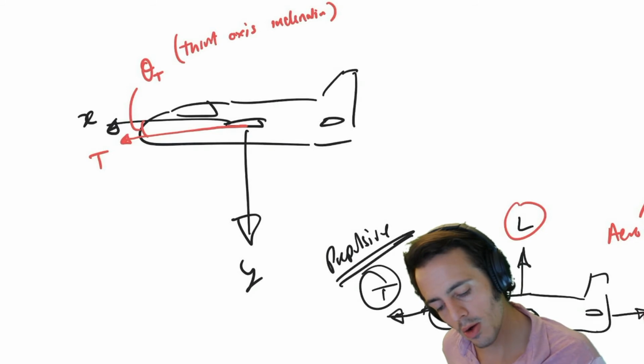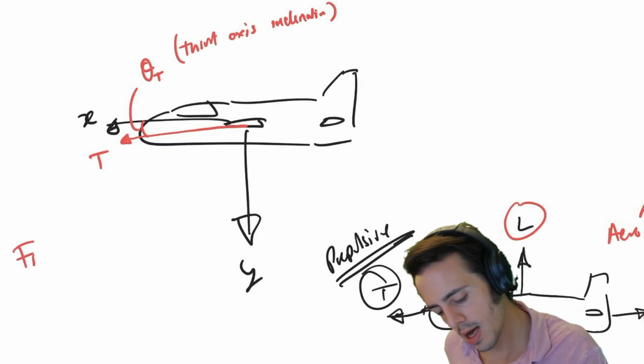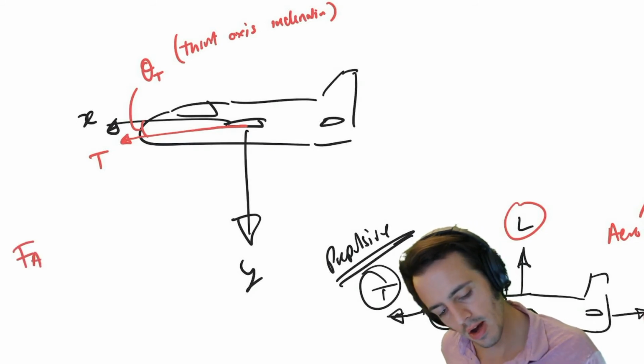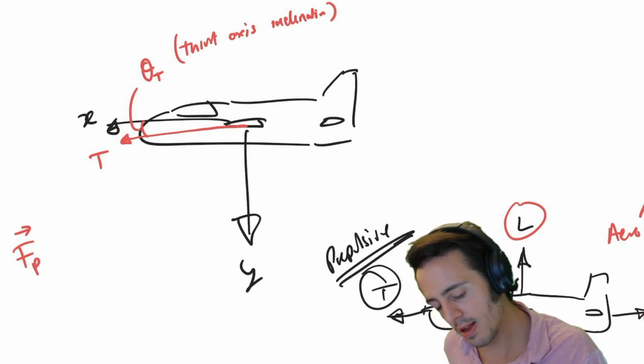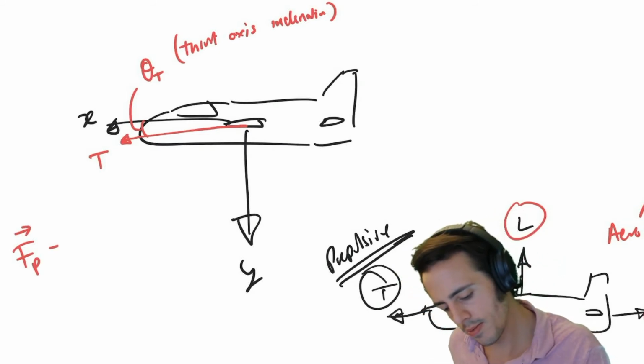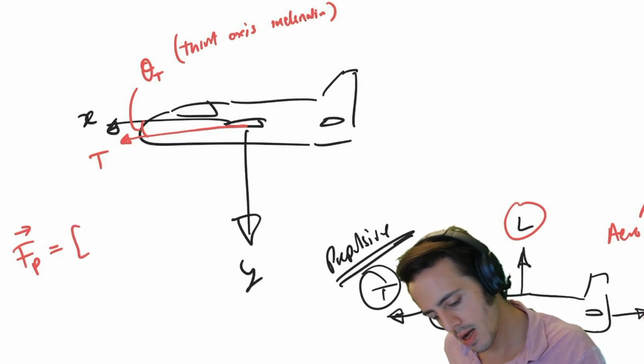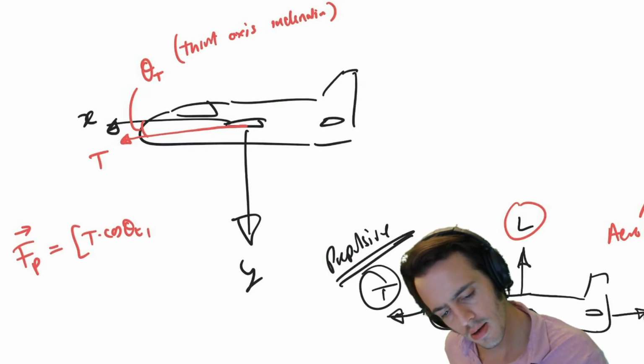Then our components of the propulsive force would be FP as defined in body axes, so I don't need to put a subscript. This would then be thrust cosine theta t, no force in the y-axis.